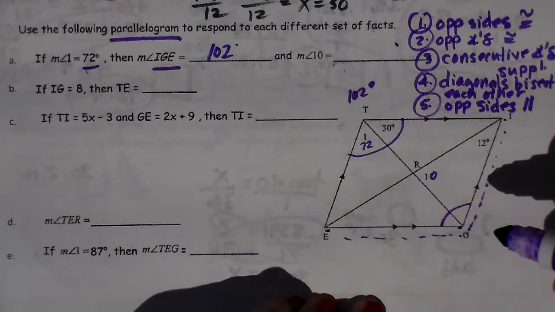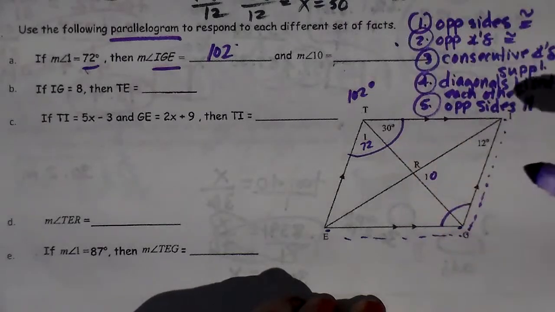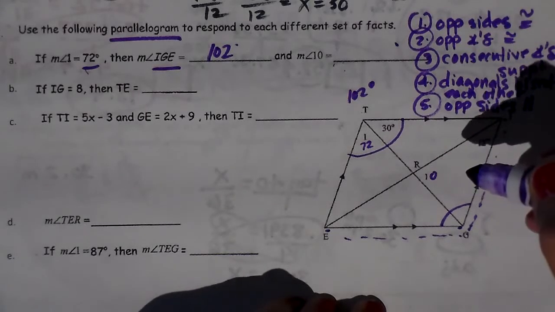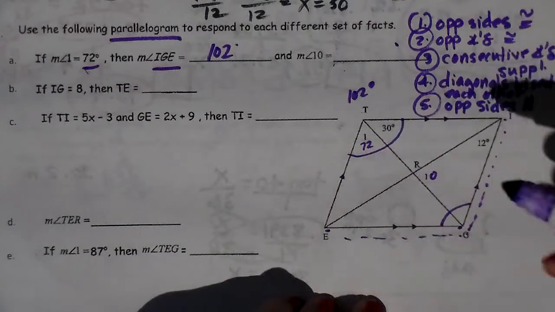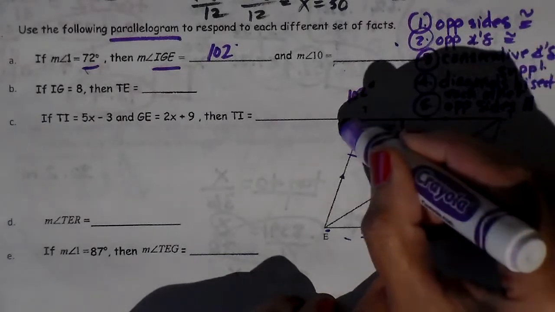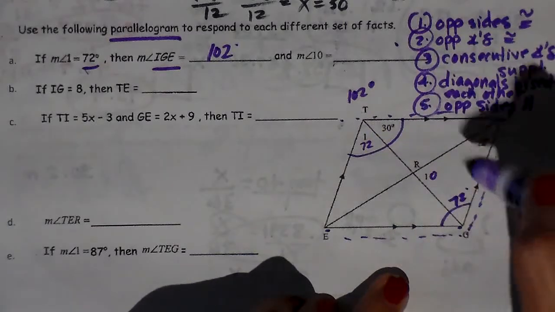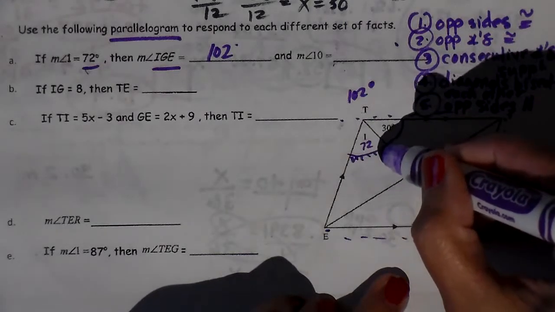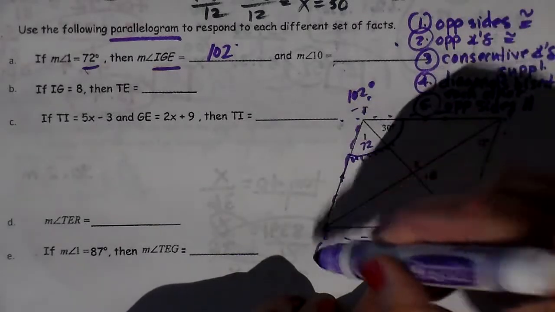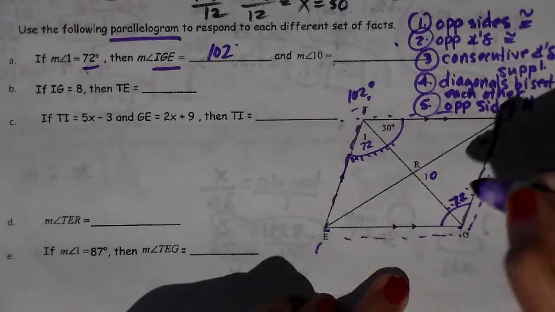Now the question is, what is the measure of angle 10? Well, for the measure of angle 10, we have to use this. If 1 is 72, do you remember alternate interior angles? These are parallel lines, so this guy and this guy are alternate interior.